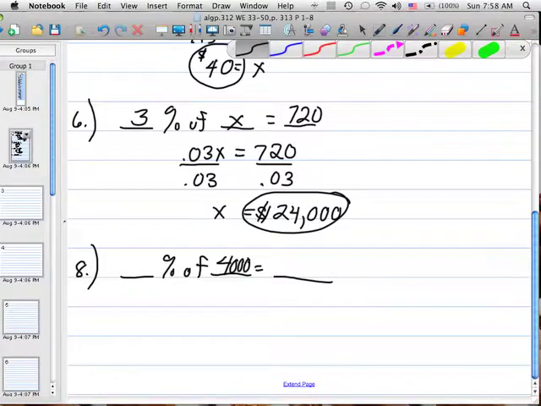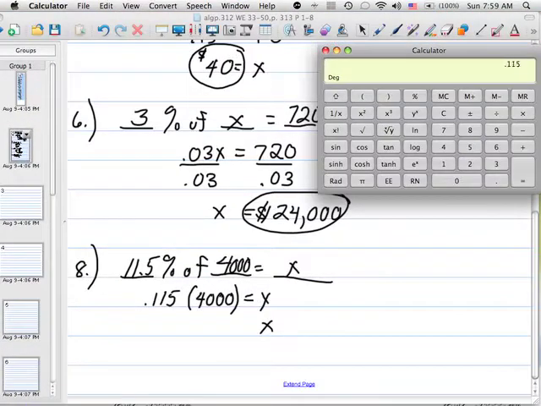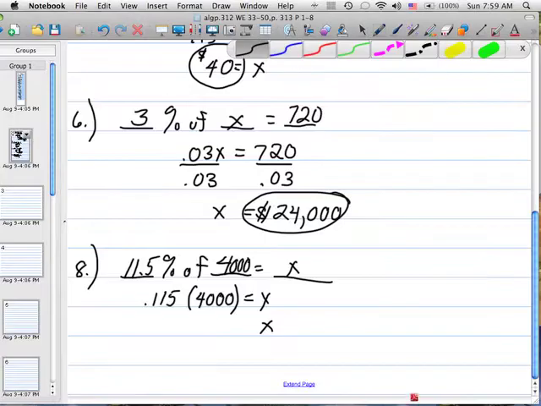That's the total, at 11.5%, and we want to know how much he earned. Change it to a decimal, 0.115, times it by 4,000, and when we use our calculator, he earned $460.